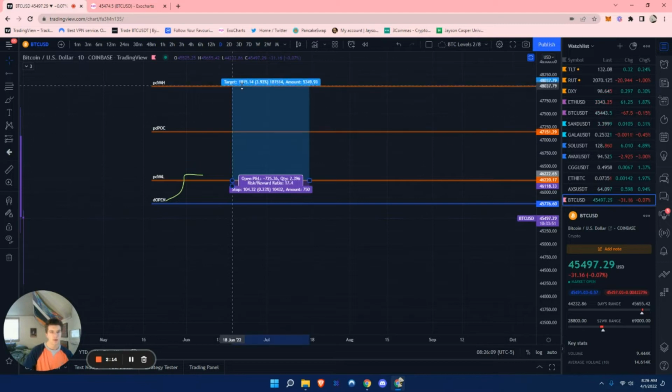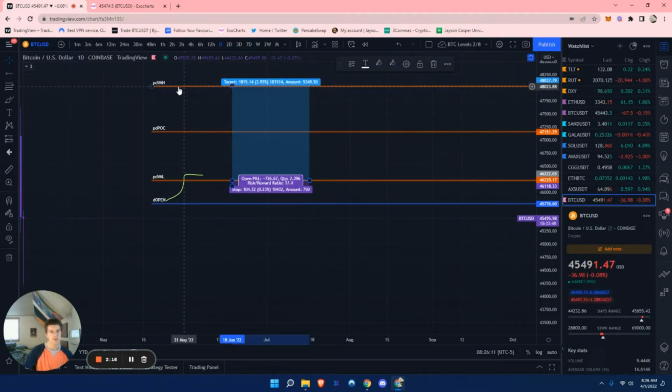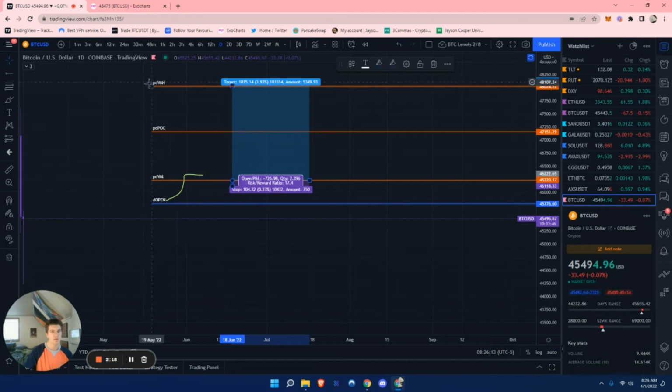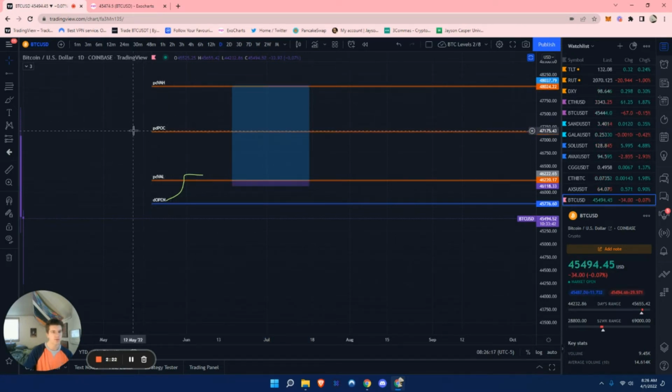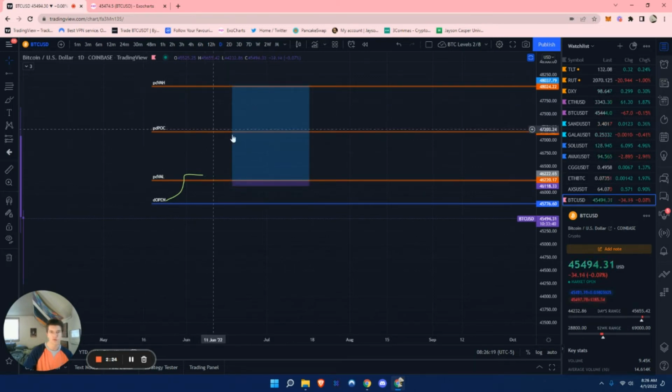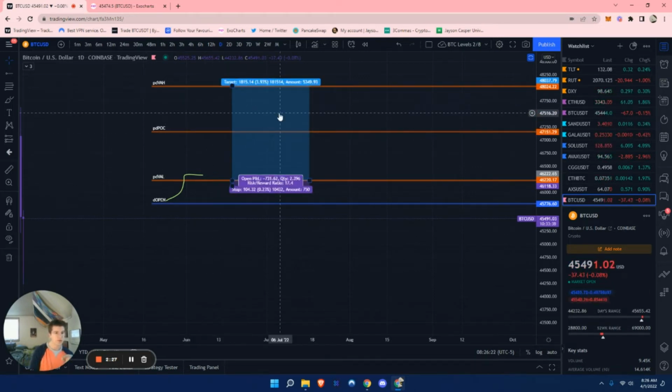I like to set my final take profit at the previous day value area high whenever that happens, and then my first take profit will be the previous day point of control. That is just something to keep in mind for taking profits.